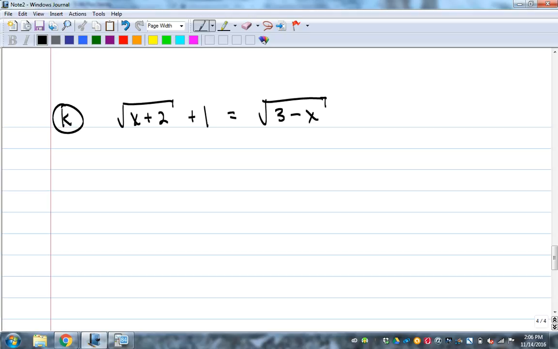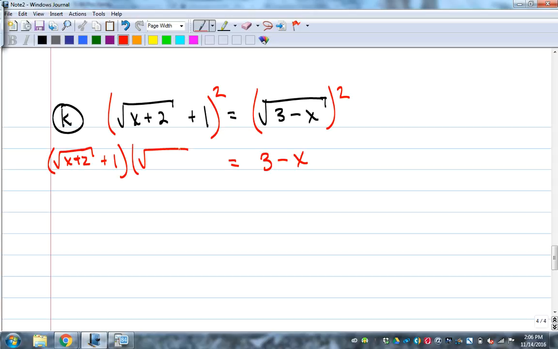So I'm going to square and get rid of it. That side's easy. The other side's not so easy, because that means square root of x plus 2 plus 1 squared. No, it does not get rid of it. Not like that. Because you're getting rid of this radical on the right-hand side.